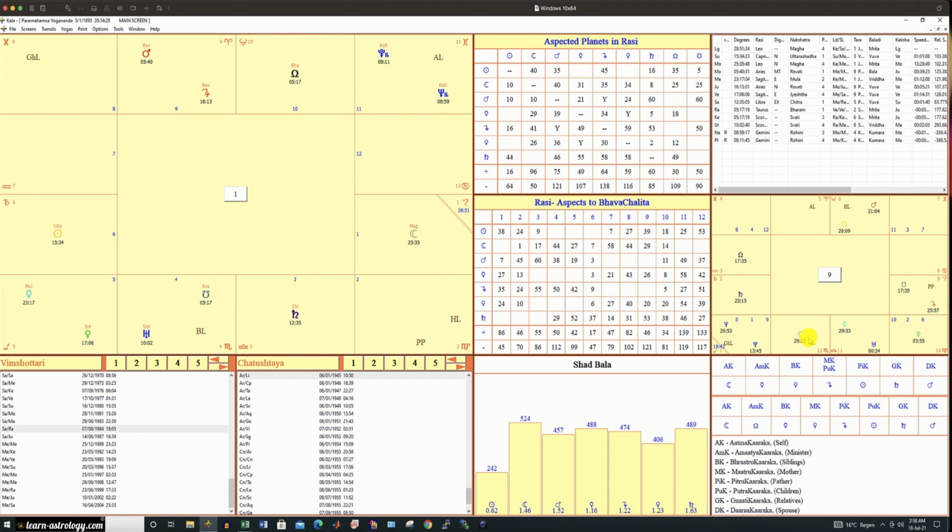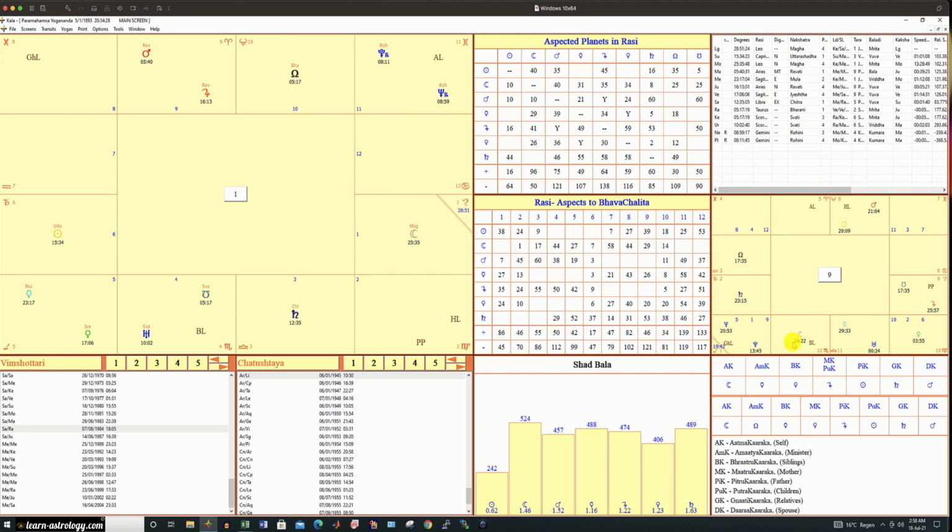So we see that in his case he gets his Atmakaraka in the sign of Scorpio. That already puts him on the path of spirituality, and that is one of the biggest supporting factors. Is that enough? No, not yet, because we need Ketu involvement here, and you'll see that going on for him. This is a bit of an advanced concept in Jaimini astrology.